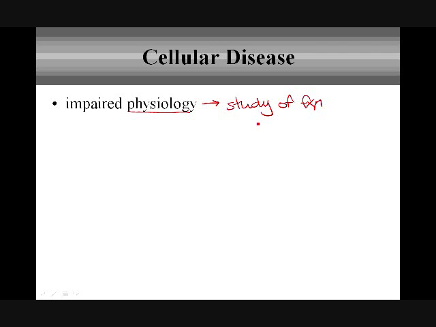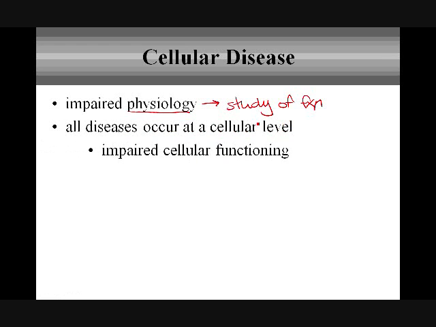So what we're really going to focus on here is cellular functioning and specific processes within those cells. And we should all know that diseases ultimately occur at the cellular level, hence the impaired cellular functioning. If we think about our levels of organization, if there's a disease for the body, then it can be broken down to being located in a specific system.